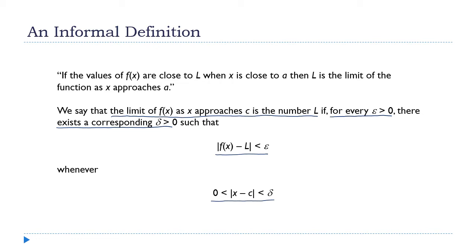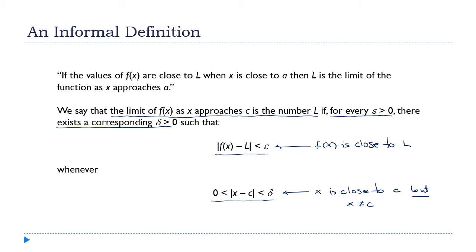Now, that absolute value, that's distance. So what this is saying is f of x is close to L. That's the technical way of saying it. That's the mathematical way that we're going to say close to. And you've got the same thing down here. This is saying x is close to c, but x is not equal to c.